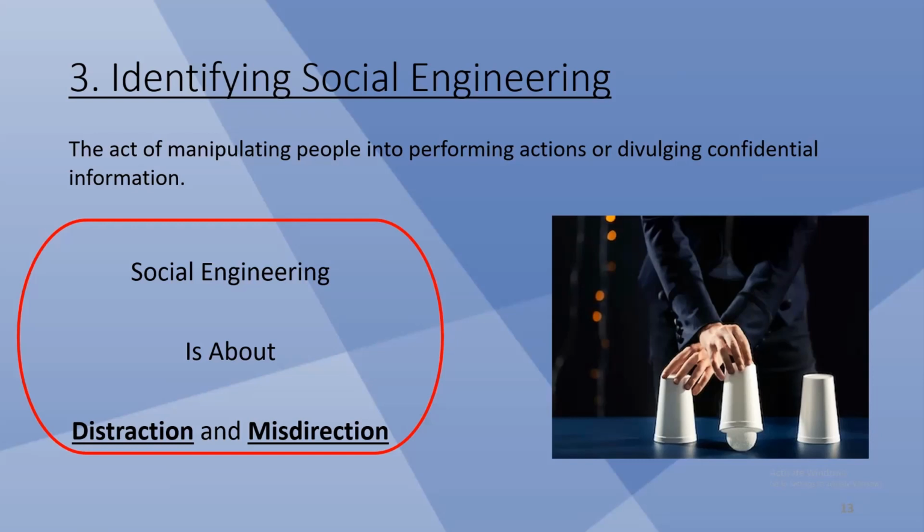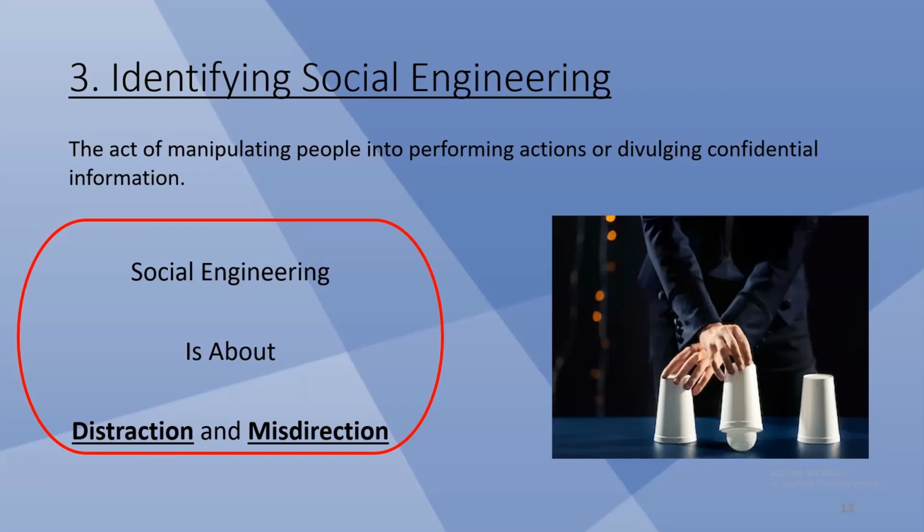Social engineering is all about distraction and misdirection. So I want us to think of it as an example here of the picture on the right. We typically see magicians or magic tricks, rather, card tricks, cup tricks, etc. The whole goal behind those tricks is to distract you and misdirect you in that you're not seeing what they're doing on the side.